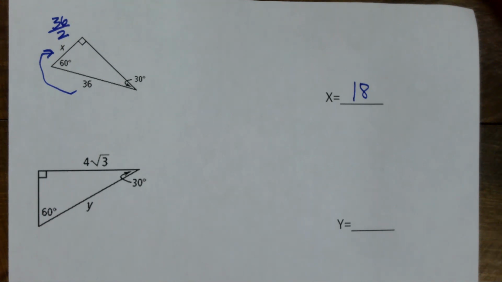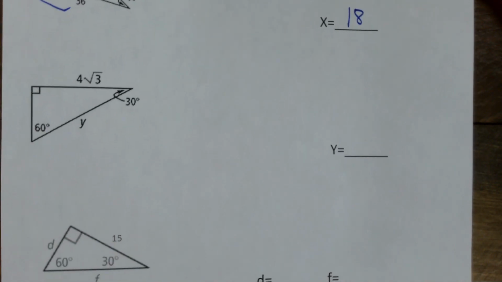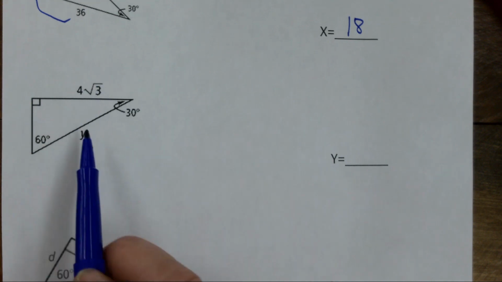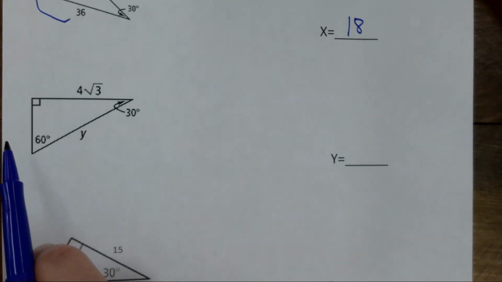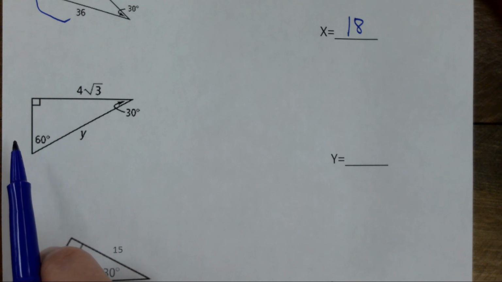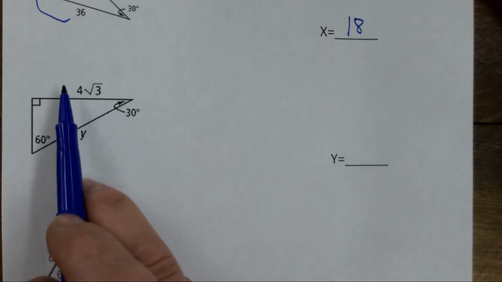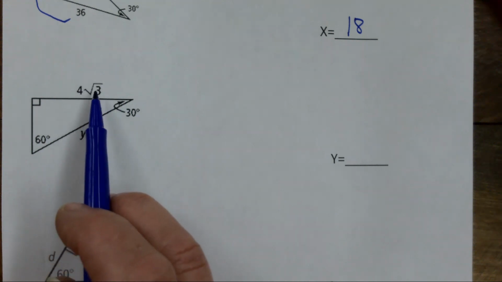In some problems like the next one, I'm going to have to work my way around. I can't find the hypotenuse without knowing the short leg. If I'm not given the short leg, I'm going to have to find that. How do I get from the long leg to the short leg?